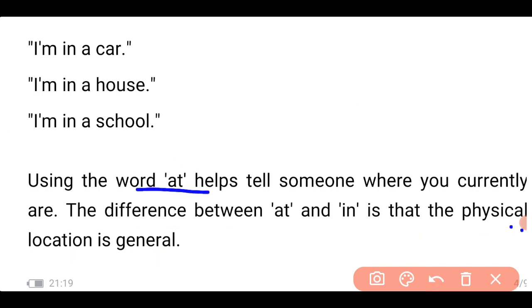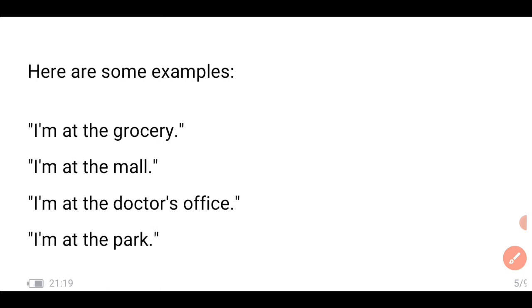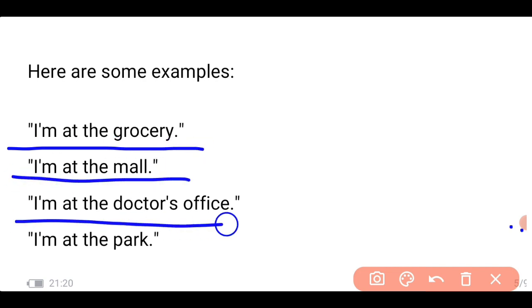And next, with examples, just follow the word. Here are some examples. I'm at a grocery, right? I'm at the mall. I'm at the doctor's office, right? I'm at the park.